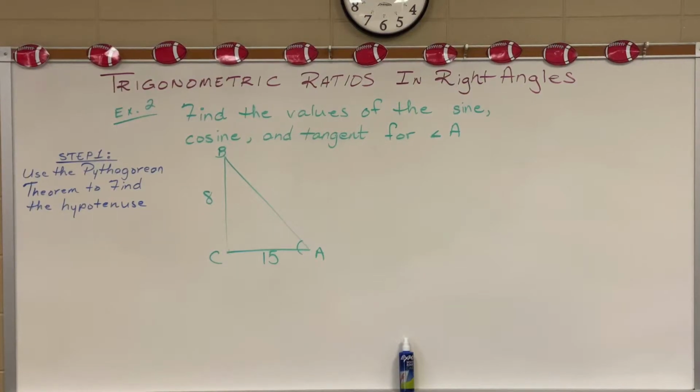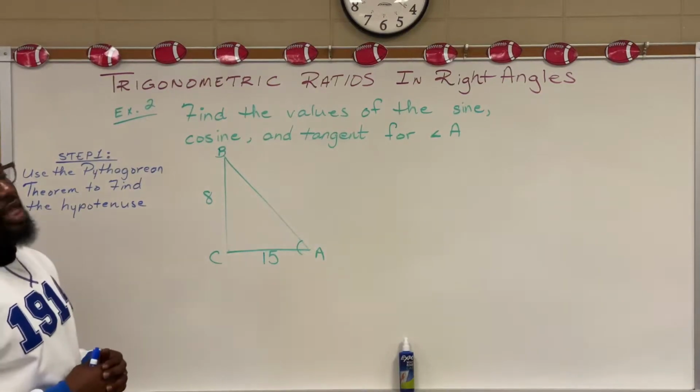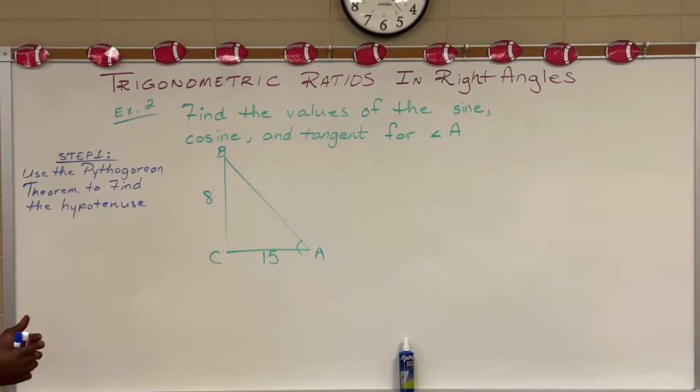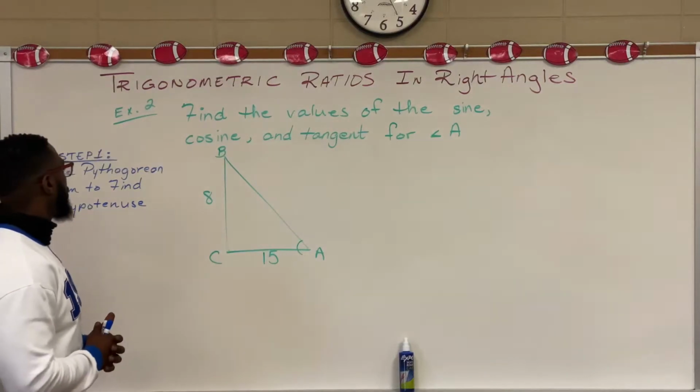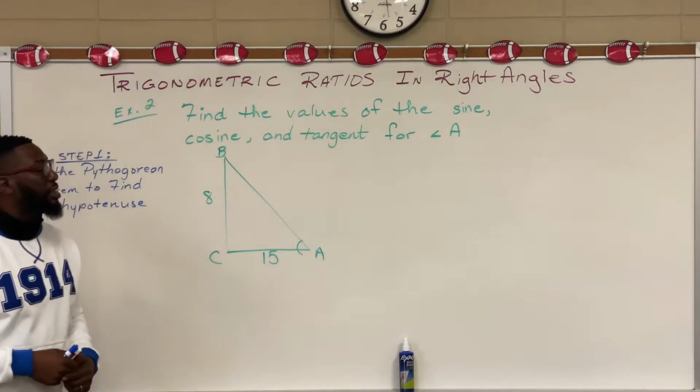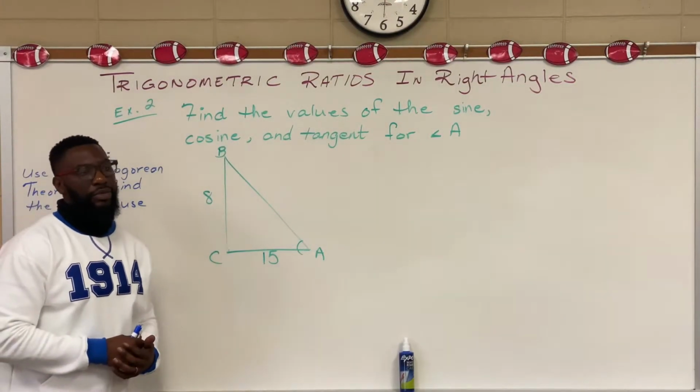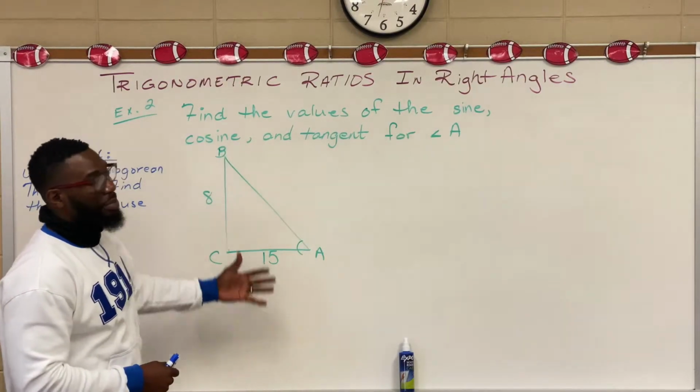Example 2, find the values of the sine, cosine, and tangent for angle A. In example 2, it's a little bit different. They give us 2 sides, but we're missing a side. We're missing the hypotenuse.